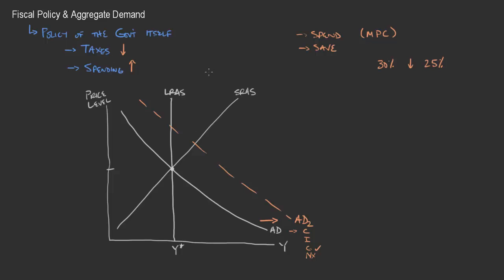So again, just a few things that we think about that can impact fiscal policy or that can impact aggregate demand here. I bring up marginal propensity to consume because you've probably seen that the thing that comes out of this is the multiplier effect.